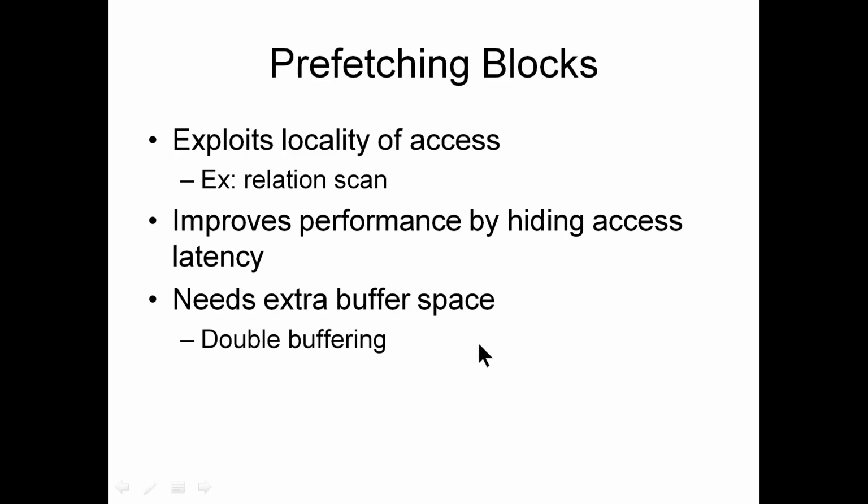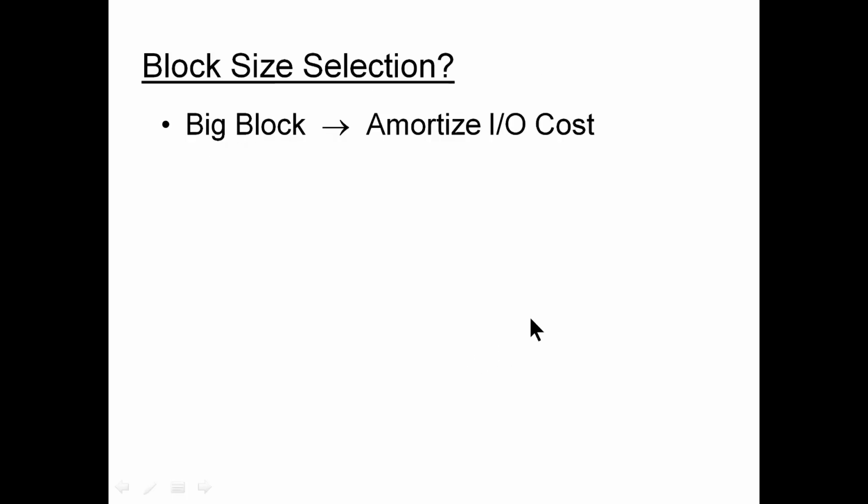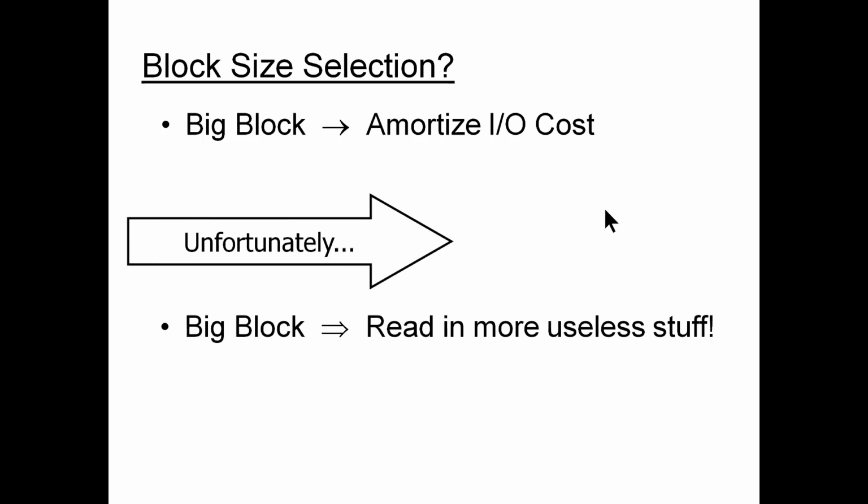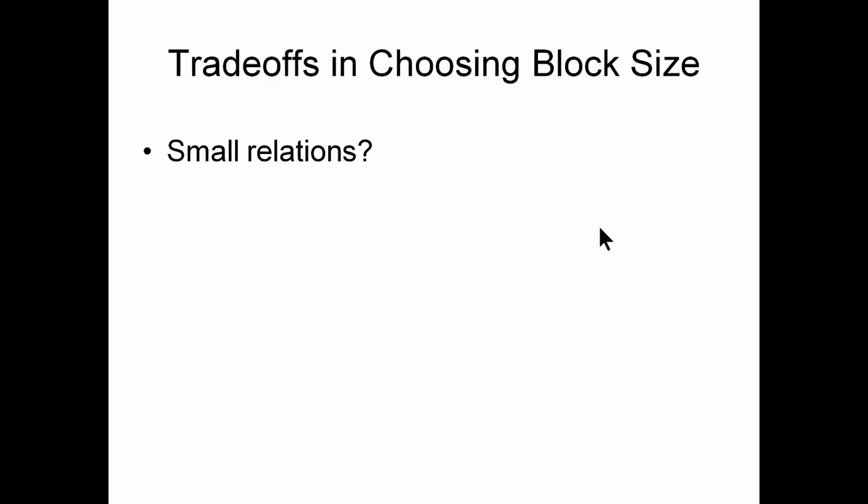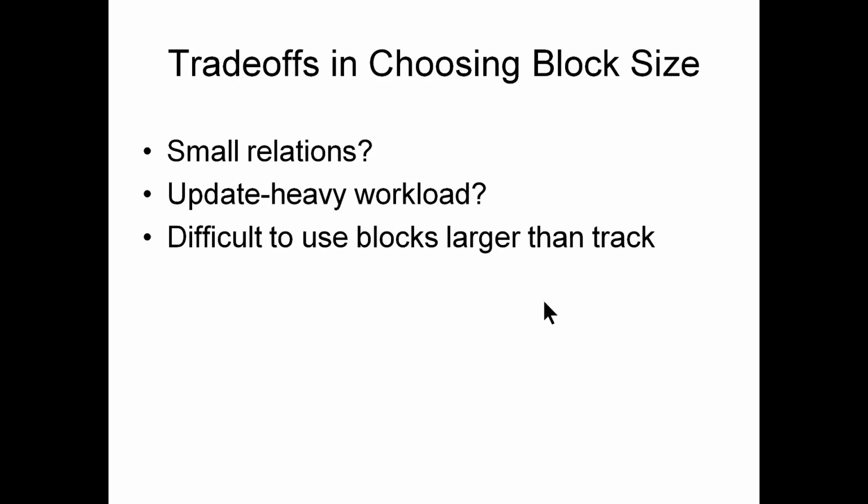Because the data should be available beforehand. So for block size selection, a big block amortizes input output cost, because you don't have to go again and again into the disk. But unfortunately, a big block reads in more useless stuff, because you are reading lots of data which you may not use. So it's a trade-off: small relation, update-heavy workload, difficult to use a block larger than the track, multiple block sizes.